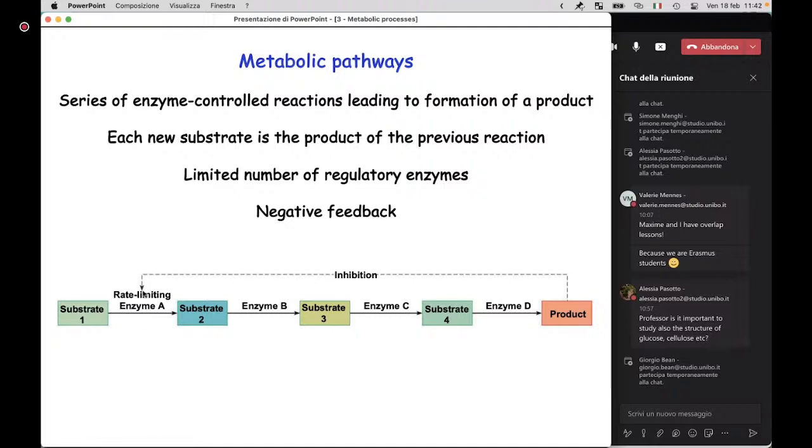And of course, this stops basically all the production of this compound. Okay, thank you. Of course, when we have just a small amount of product, it will not bind to the first enzyme, and so production will start again. So negative feedback is a mechanism of synthesis block in some way. Synthesis stop.